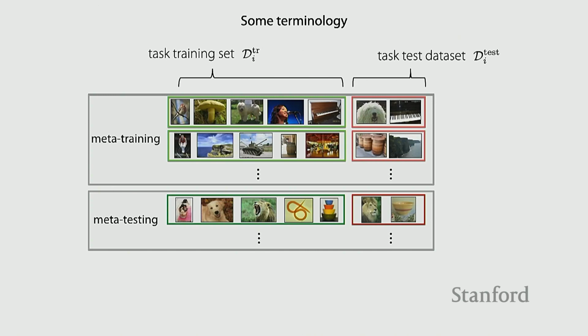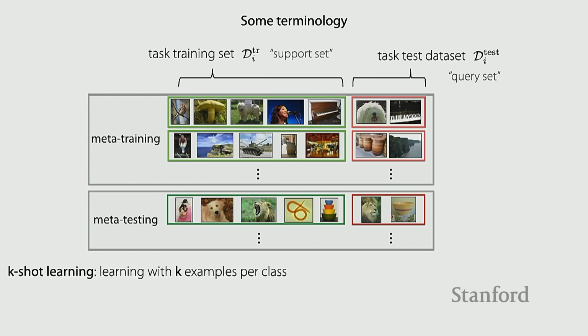And then each task also has a corresponding test set for that task. Sometimes these are also referred to as the support set and the query set. I'll also be using this terminology. It's helpful to use support set and query set for these train and test sets because it distinguishes them from training tasks and test tasks, or meta-training tasks and meta-testing tasks.